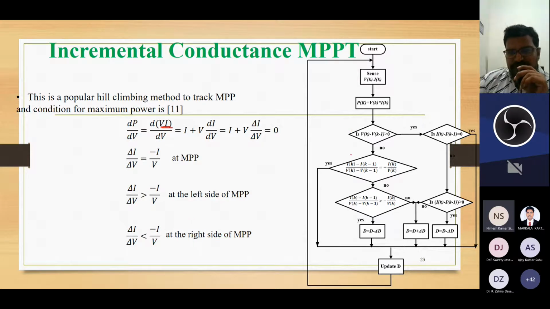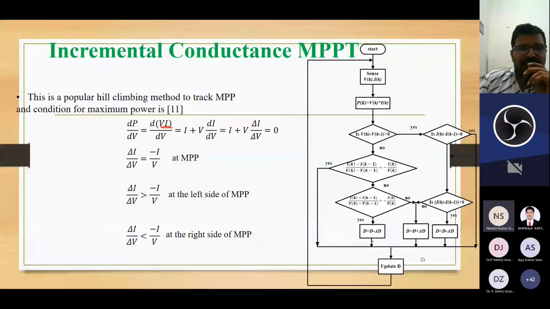If we find this balance between the incremental conductance and the conductance, then we need not change the duty ratio. Else, the duty ratio has to be changed in such a way that we get the maximum power.